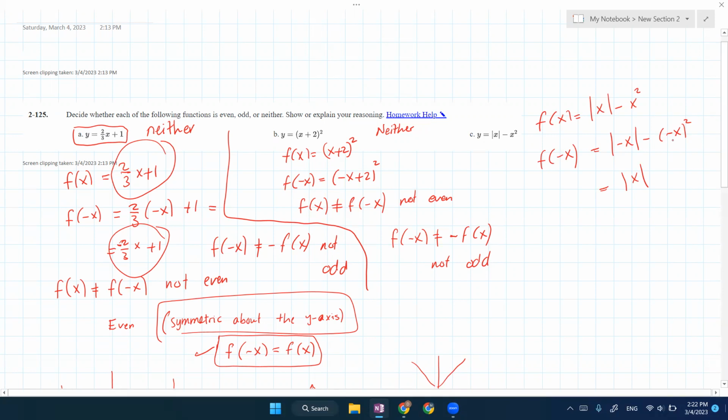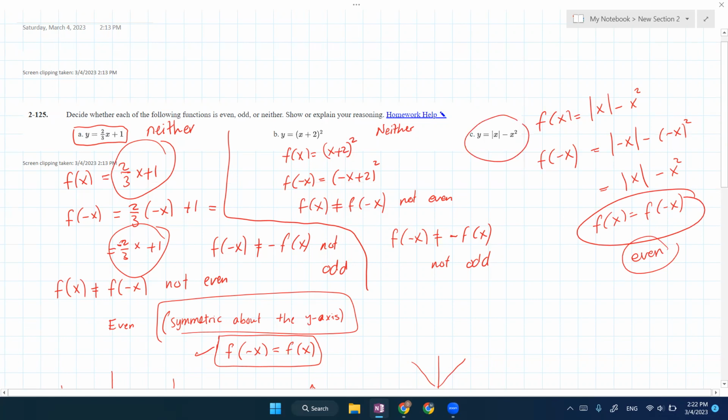And negative x squared means you multiply negative x by negative x. The answer is x squared. As we see here, f of x is exactly equal to f of negative x, and that's the definition of an even function, which means that this function is even.